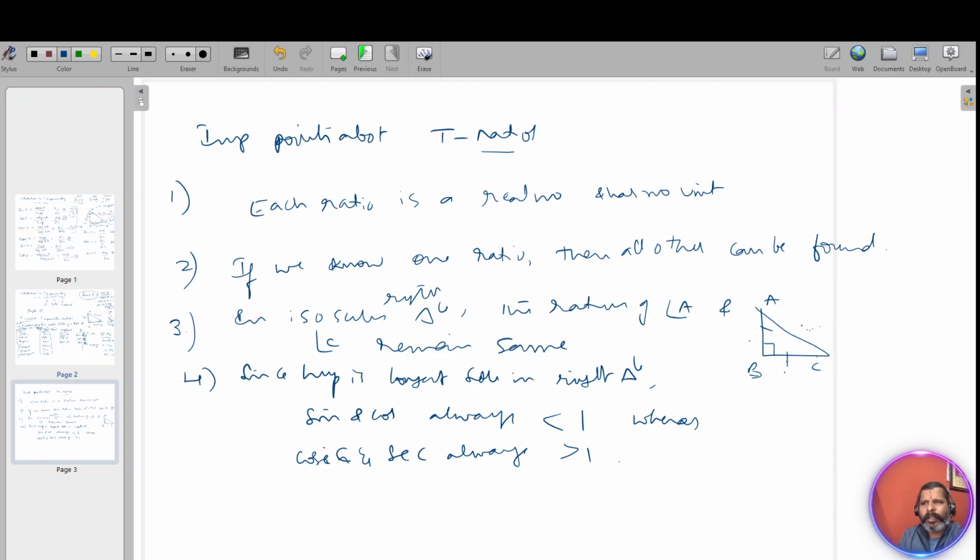This fourth point we will study extensively in the higher classes. But for the time being, we just make a note about the T ratios.